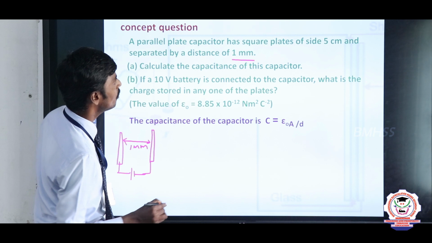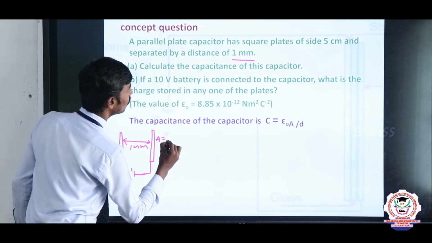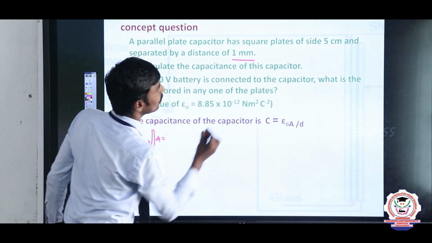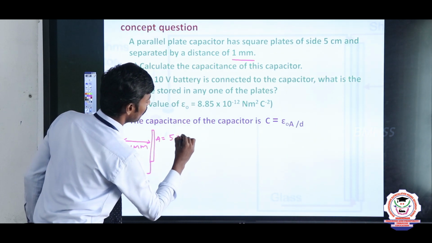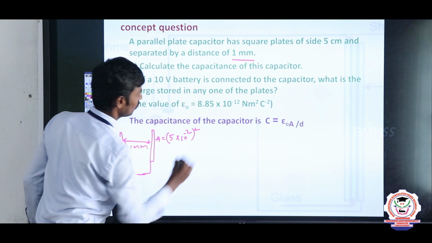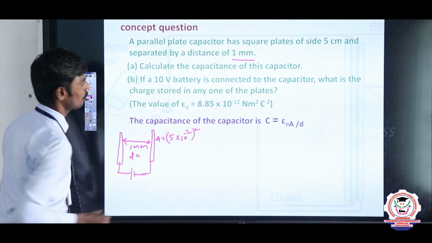Next, the area of cross section is given. This metal plate area of cross section A equals what? Square plates of side 5 centimeter, so 1 centimeter is 10 power minus 2 meter, whole squared. So D and A are given.